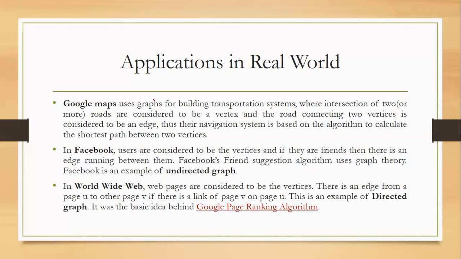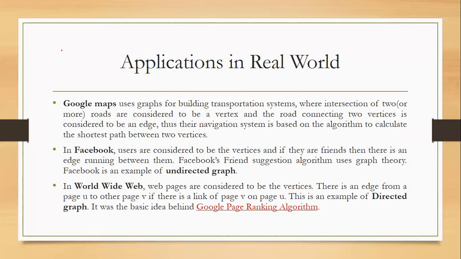Now, applications in the real world. The main example, as I have said, is Google Maps. Google Maps uses graphs for building the transportation system, where the intersection of two or more roads is considered a vertex and the road connecting two vertices is considered an edge. The navigation system that we use in Google Maps is based on an algorithm to calculate the shortest path between two vertices.